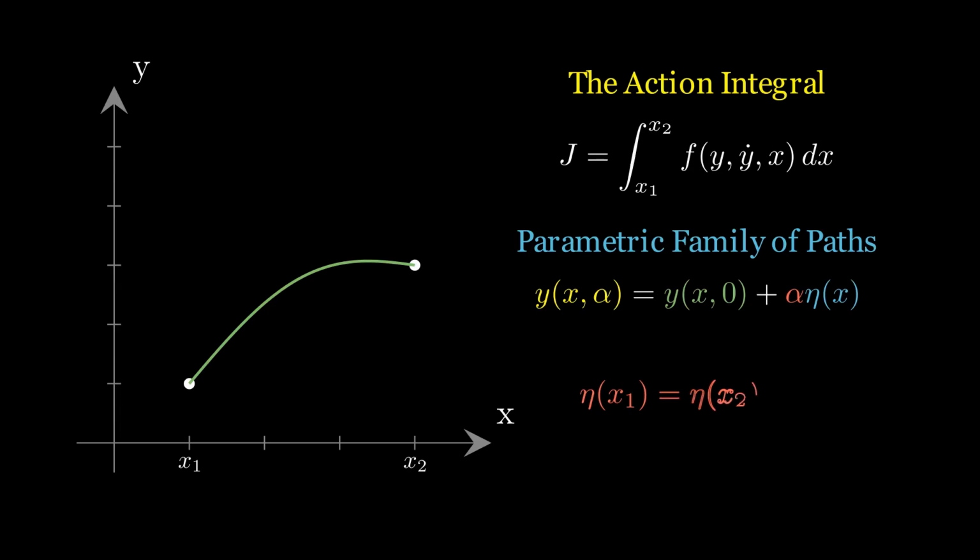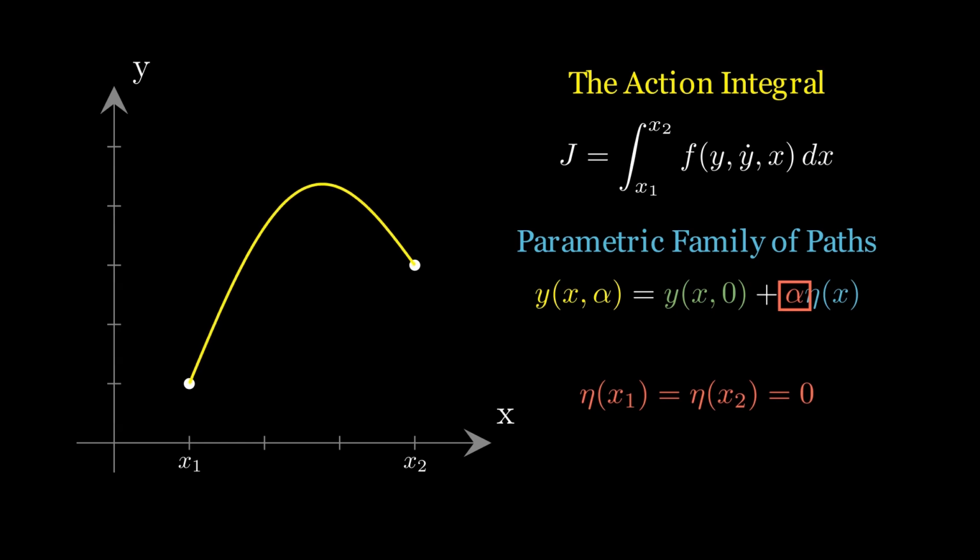To manipulate this mathematically, we must put the problem into a form that enables us to use the familiar apparatus of ordinary differential calculus. We need a way to parameterize the neighboring paths. We can denote such a set of paths by introducing an infinitesimal parameter alpha, writing the paths as functions of both x and alpha.